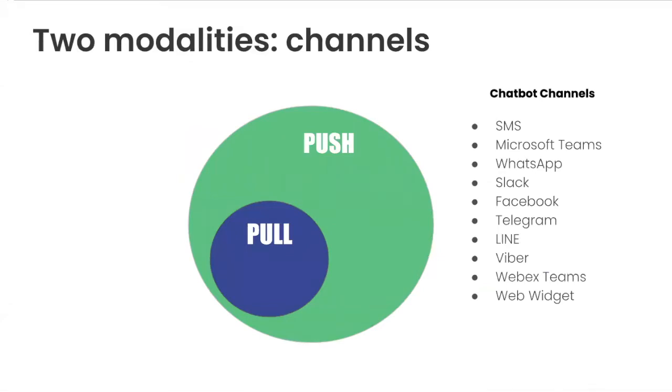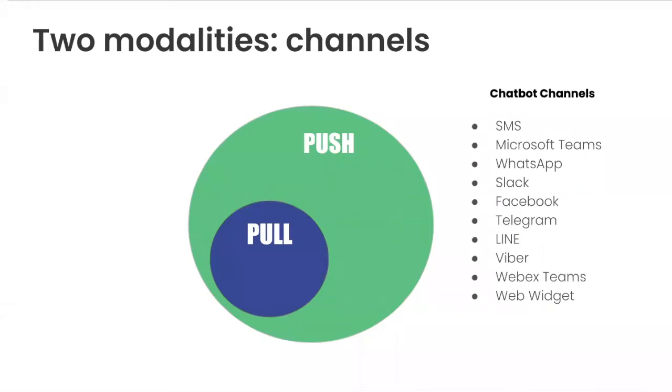But I have a little Venn diagram here where not all modalities lend themselves to pull, or to push, I should say. So for example, in the modalities we talked about earlier, if I'm on a public website like Expedia and that chatbot's open, as soon as I leave that website, I no longer have access to that chatbot. So if that chatbot wanted to proactively ping me 3 hours after I visited the website, I really can't do that because I'm now not on the chatbot.